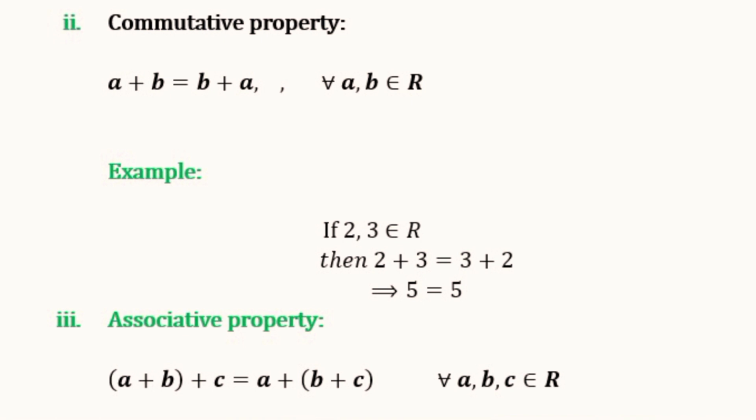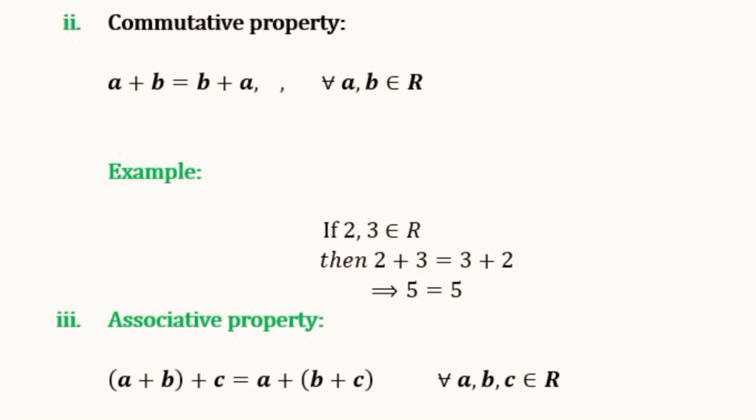Next property, associative property. We have three real numbers, a, b and c. What is associative law? (a plus b) in brackets plus c equal to a plus (b plus c) in brackets. If this property holds, then it is called associative property, where a, b and c belong to real numbers.